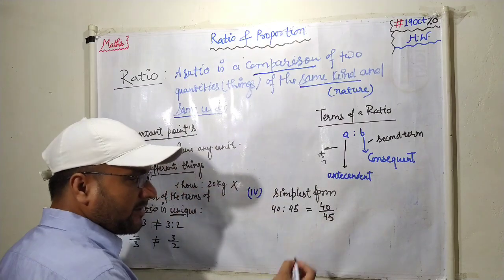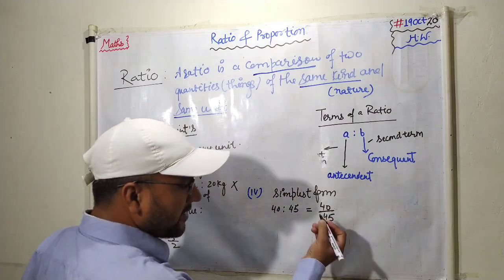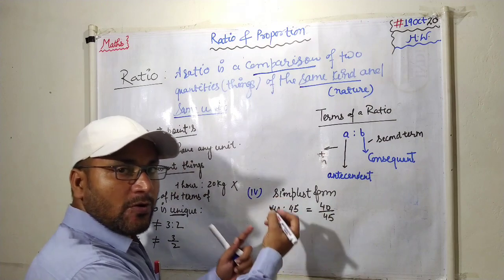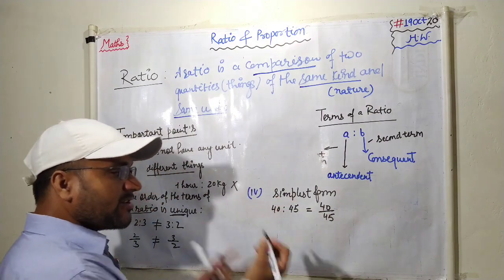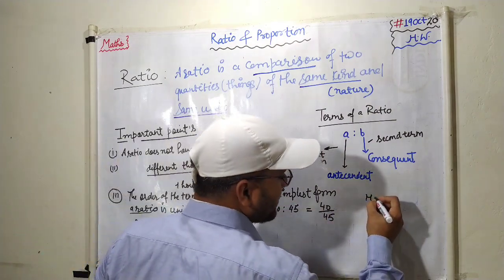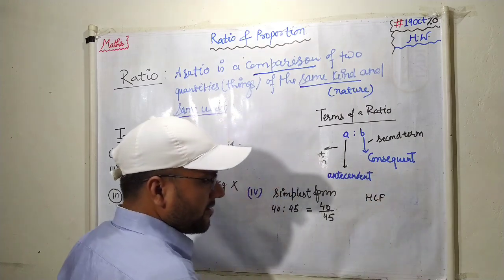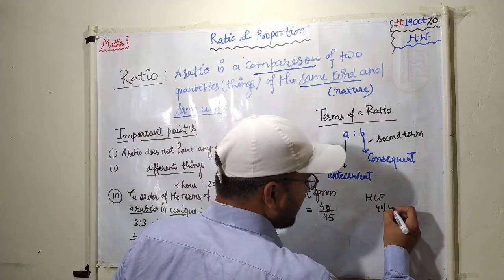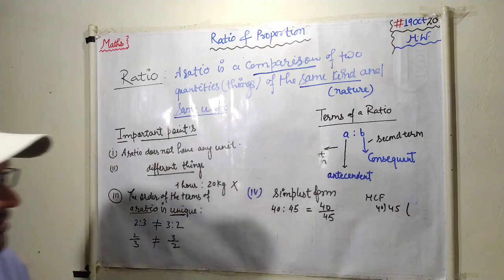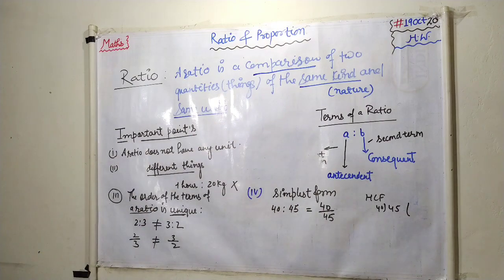There are two ways to find the simplest form of any ratio. The first one is by HCF, the highest common factor. Find the HCF of this one. 45 is divided by 40.